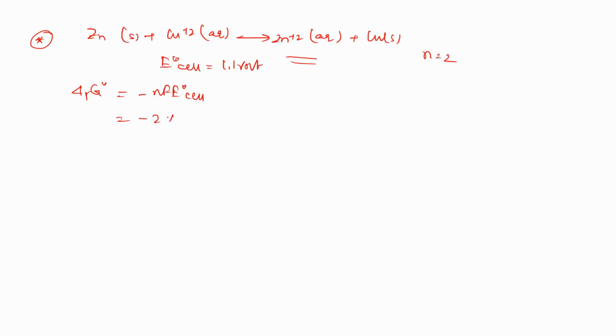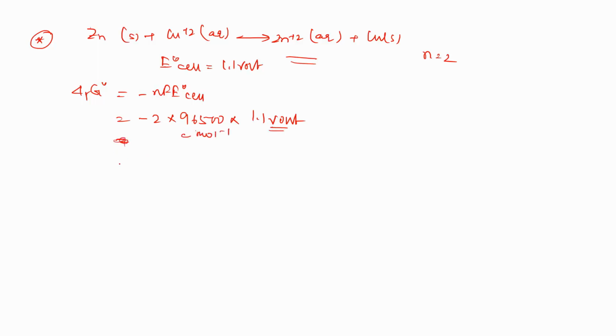So minus 2 into 96500 into 1.1 volt. The unit is volt, and coulomb per mole, that is mole inverse.